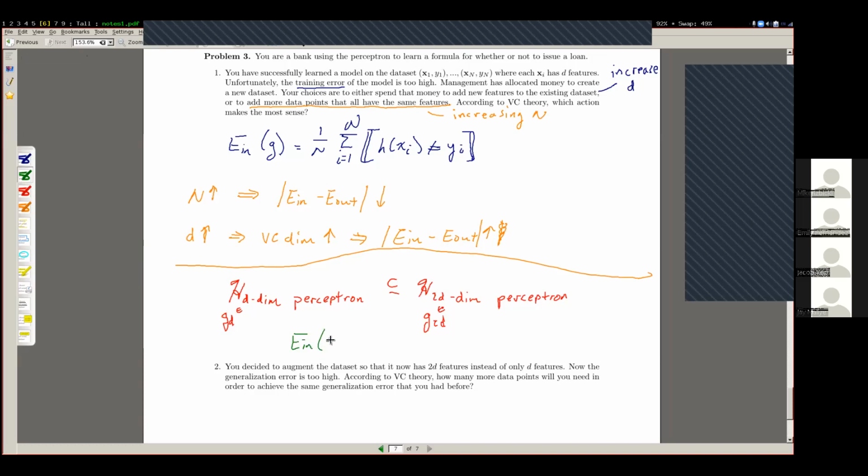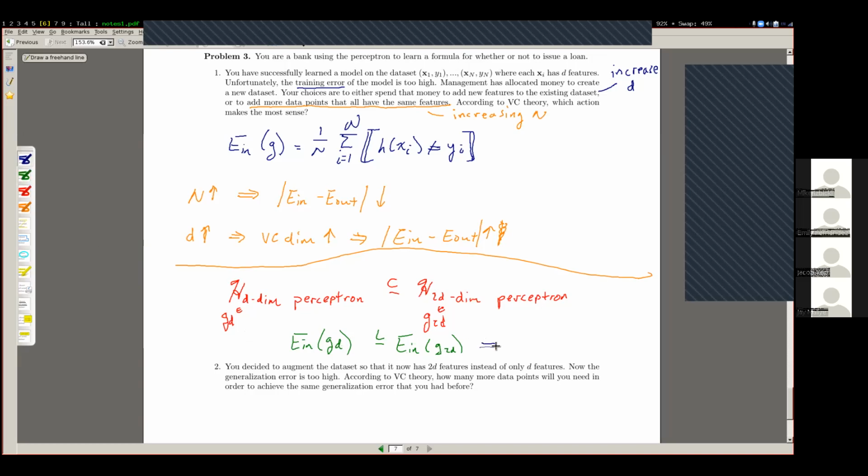E sub in of G sub D, must be less than or equal to E sub in of G sub 2D, because at worst, we just pick our original hypothesis that ignores all the new features. But if any of those features are remotely good features, then our training error is going to go down.